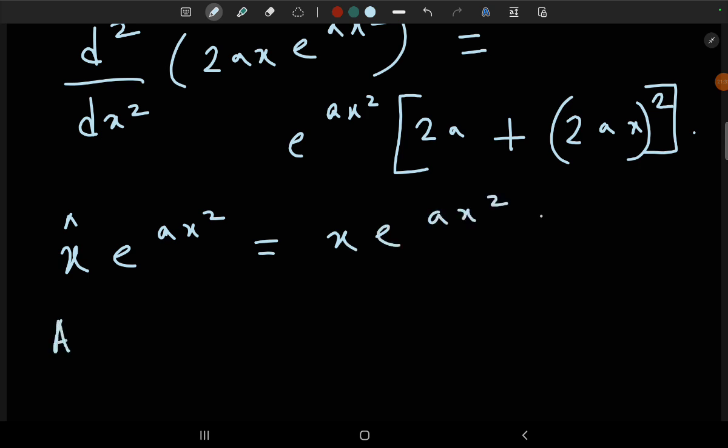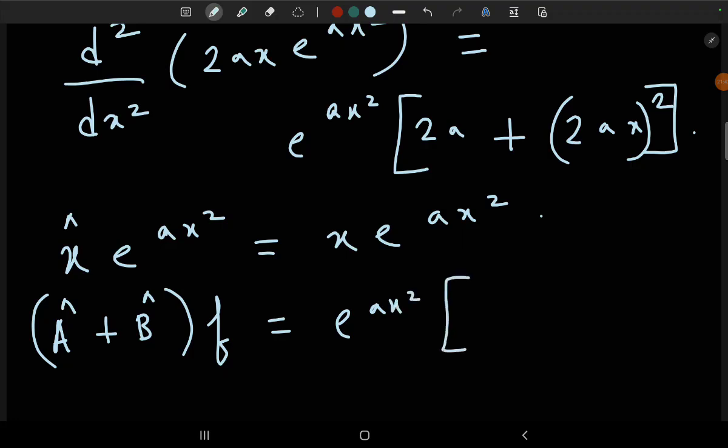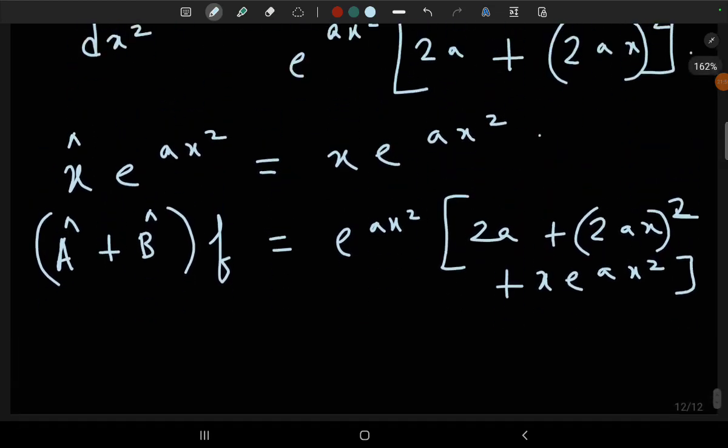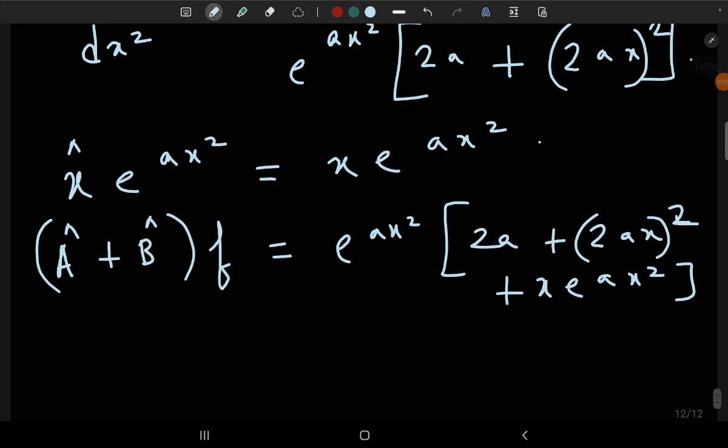So we have (d²/dx² plus x) acting on f. We have e to the power ax² taken common, 2a plus 2ax² plus x, times e to the power ax². So can you tell me whether this is an eigenvalue? This is f, so this f is right here.